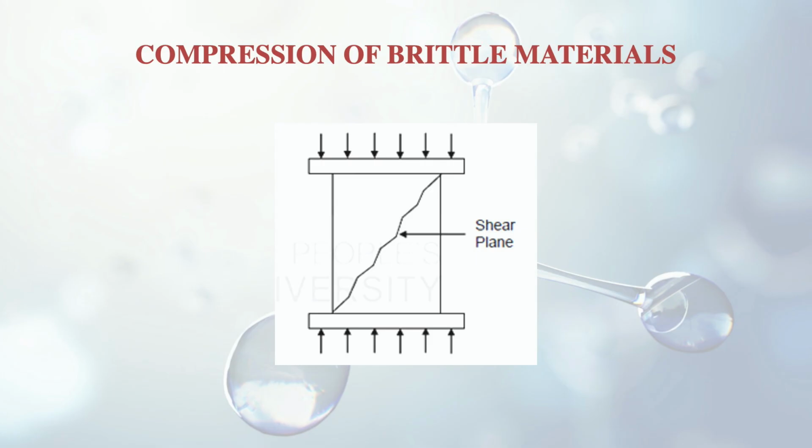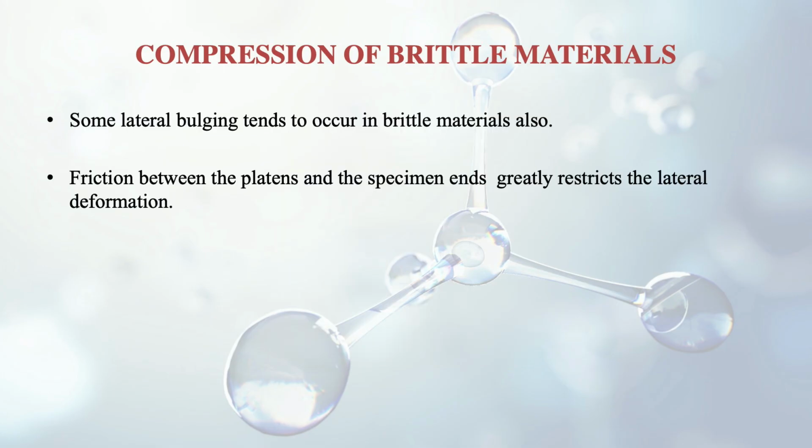The top one is the top platen, the bottom one the bottom platen. So friction between the platens and the specimen ends greatly restrict the lateral deformation. So here at the ends where they are joining, this friction will restrict the lateral deformation. If it tries to deform, then it will restrict that.